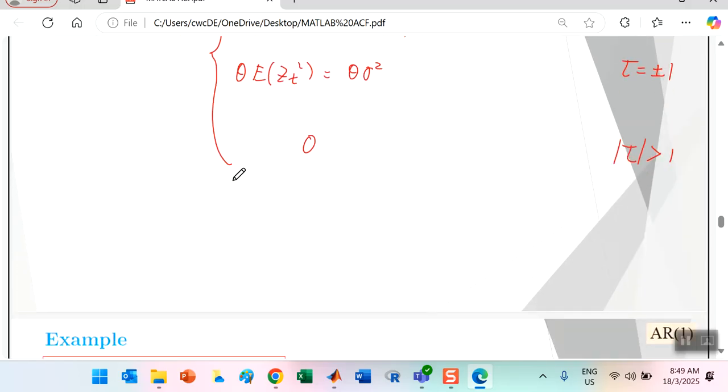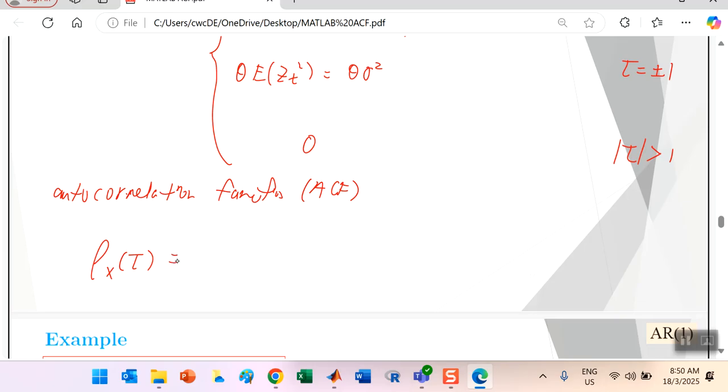Now the autocorrelation function, the ACF you have observed, which is rho or Rx. Remember this one: gamma x of tau over gamma 0, which is the variance.